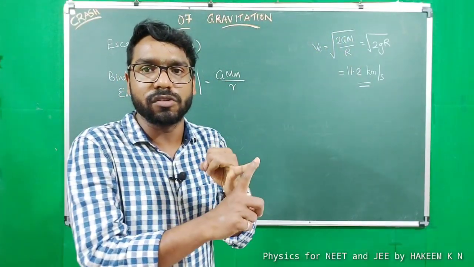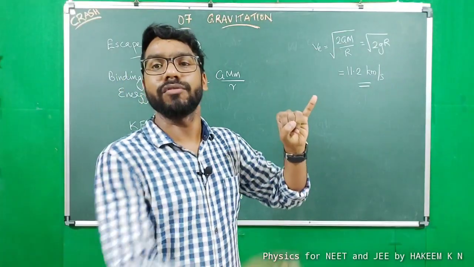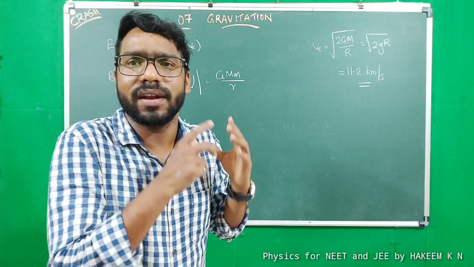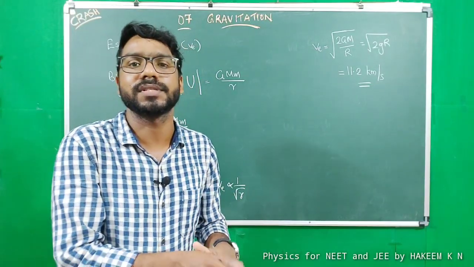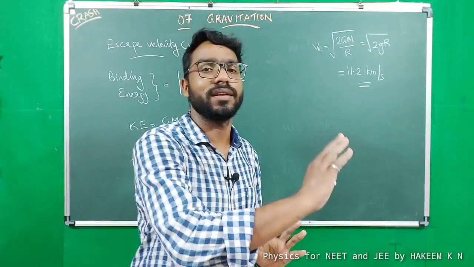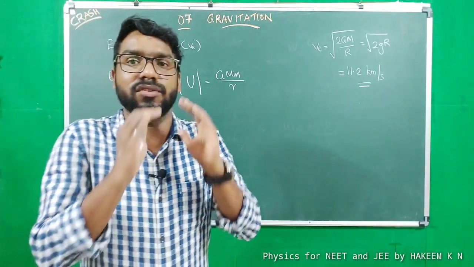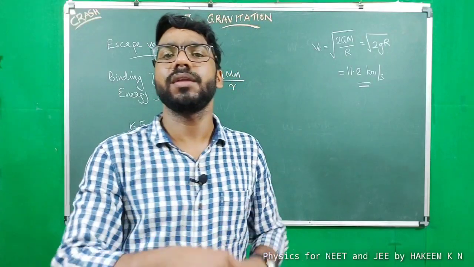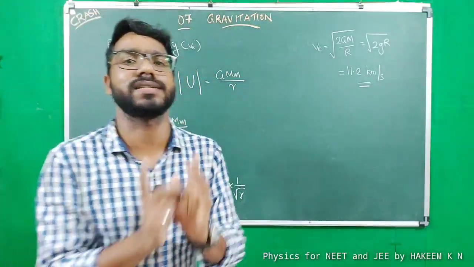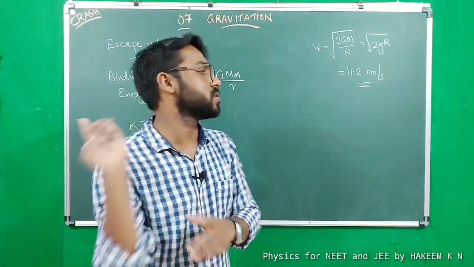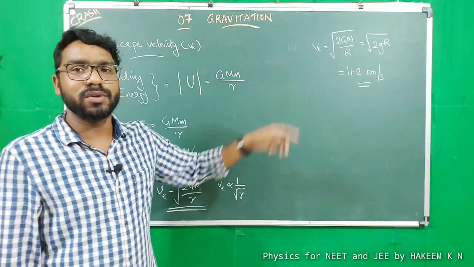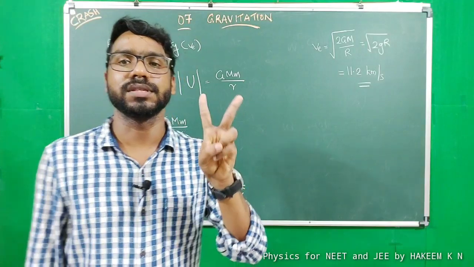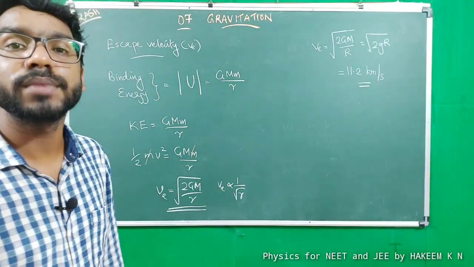So it is independent of mass of body, it is independent of angle of projection theta. If a body is given a velocity 11.2 km per second or velocity greater than it, it got an energy which opposes the gravitational potential energy. So it will escape from the gravitational pull of Earth. This velocity is also called second cosmic velocity.